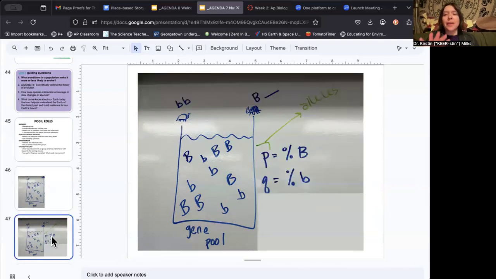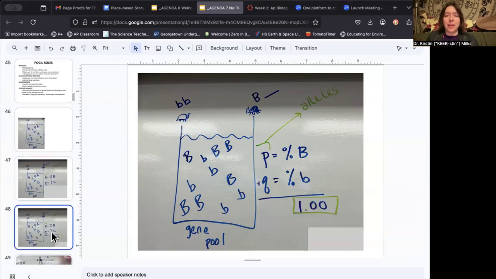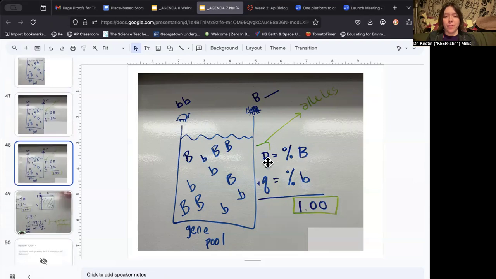So remember, we're thinking about p as the percentage of dominant alleles, big B in this case, and q as the percentage of lowercase alleles or recessive alleles in this gene pool. And of course, hopefully you remember that the only things in here are those two things, which are going to add up to 100%.